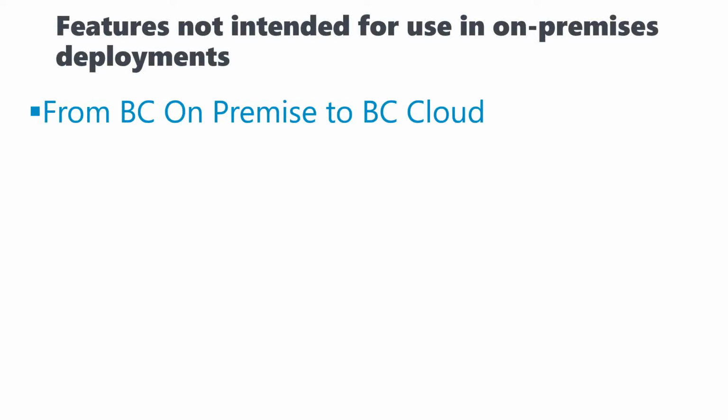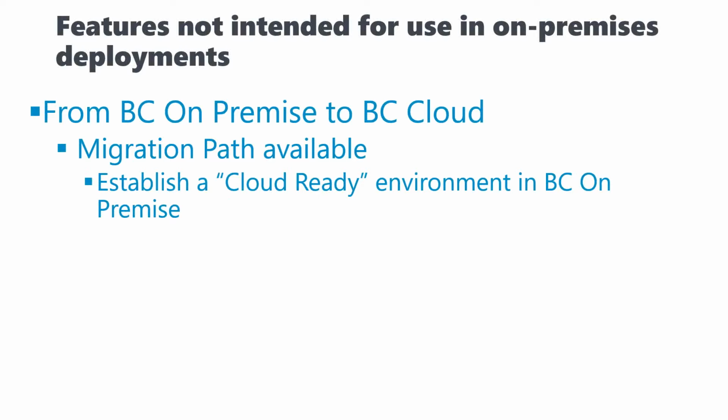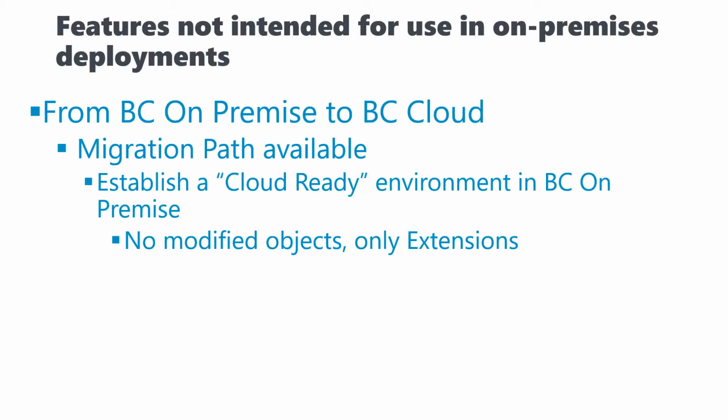Now, most clients are going to move from Business Central on-premise to the Business Central Cloud product. This is more and more we're seeing customers move in this direction. And for this, there is a migration path available. Within Business Central, there's assisted setup tools that allow you to establish a cloud-ready environment in a Business Central on-premise environment.